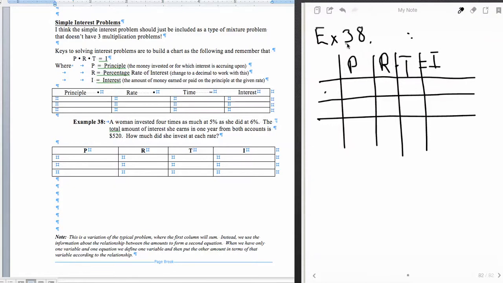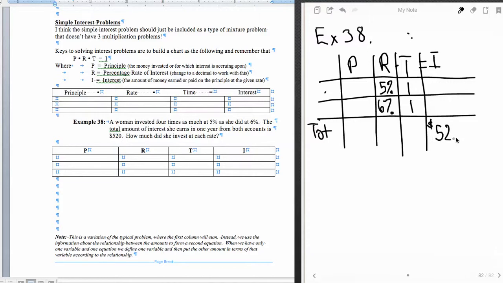And then what we have are a 5% rate and a 6% rate. And the total amount of interest she earns in 1 year from both accounts, so 1 year, that's my time, from both accounts is 520. So this down here is our total row, just like it has always been, and this is the total interest box.